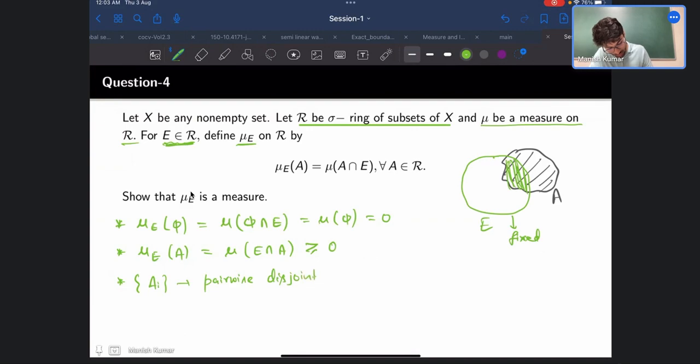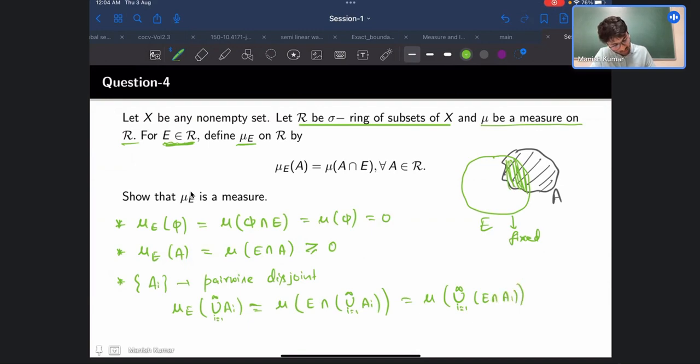Now you want to calculate mu E of the union of A_i, i from 1 to infinity. By definition it is mu of E intersecting with the union of A_i from 1 to infinity, and this is mu of the union over i equal to 1 to infinity of E intersection A_i.